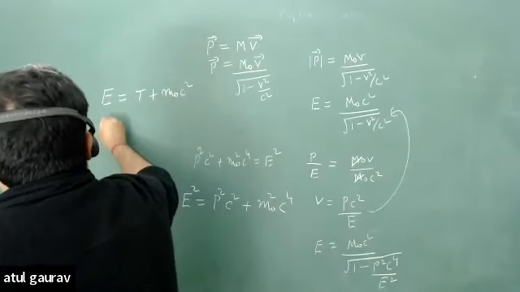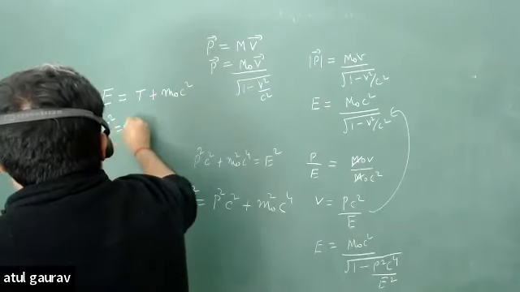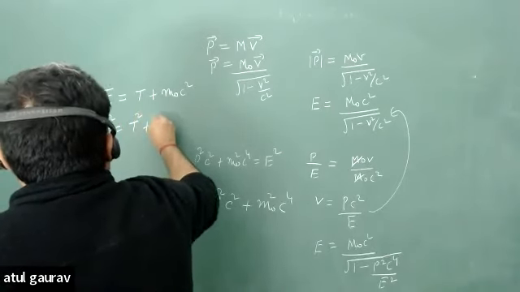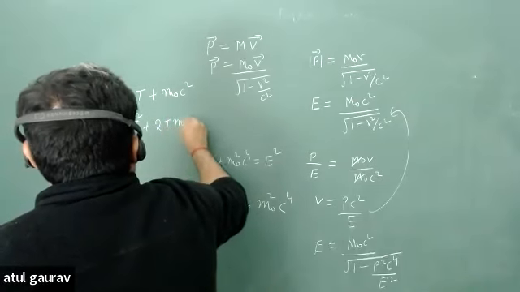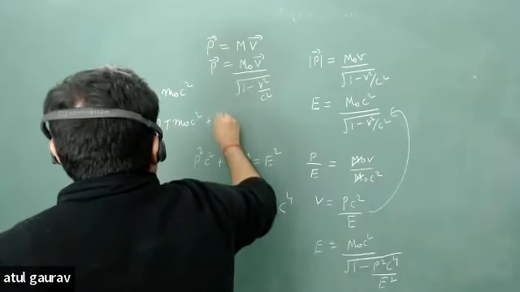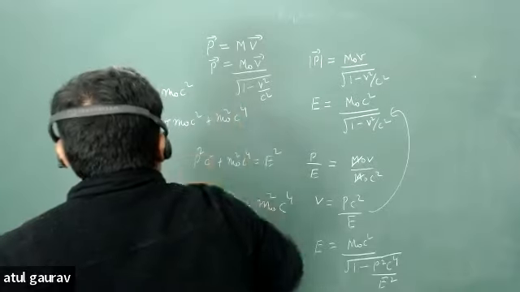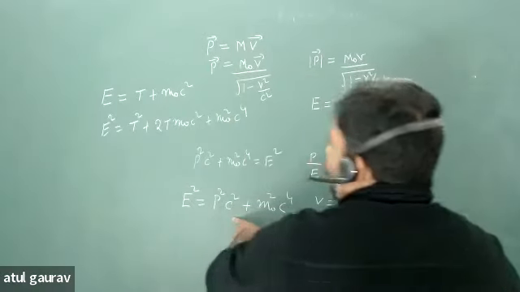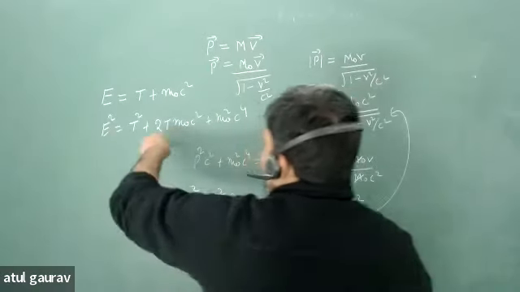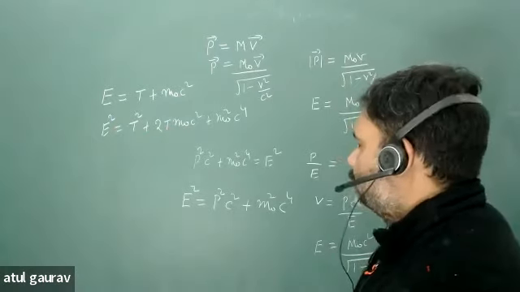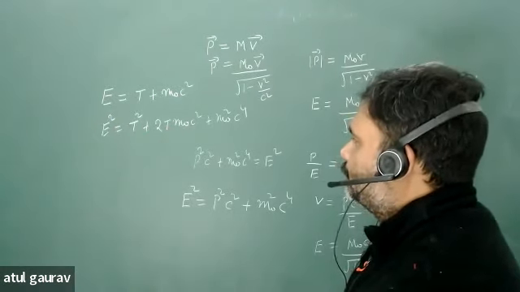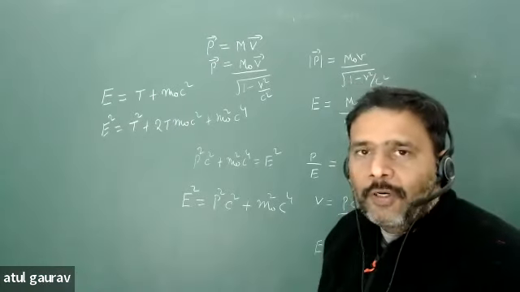अब दोनों तरफ स्क्वायर करो तो देखो क्या आएगा. E square is equal to T square plus 2T m naught c square plus m naught square c4. So now you can see what is p square c square. This is equivalent to this one, na? Yes, sir. Are you getting my point?